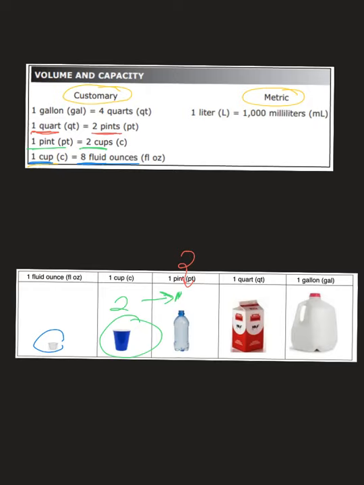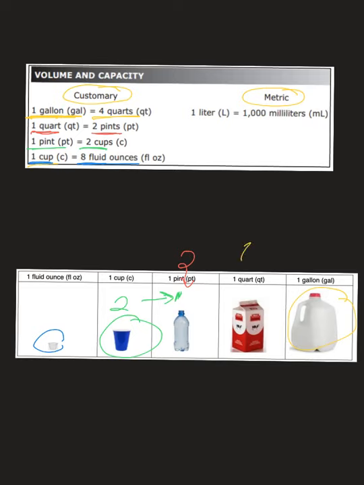The last one is our largest one in the customary system that you need to know, which will be 4 quarts equaling 1 gallon. A gallon is like a big jug of milk. This big jug of milk is going to equal 4 of these quarts.